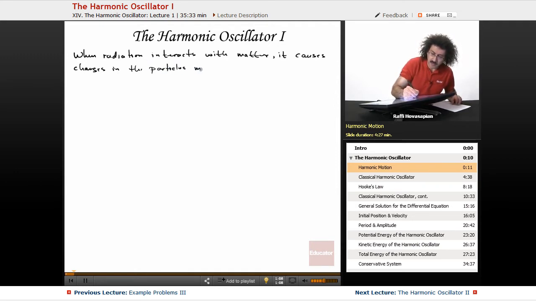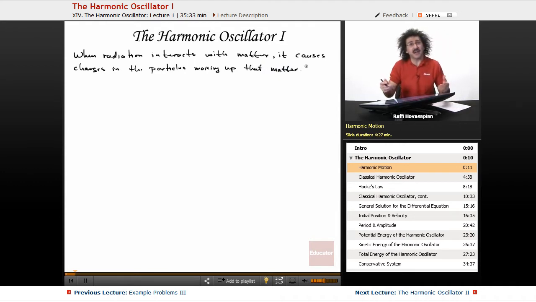The whole field of spectroscopy is a study of that, the interaction of electromagnetic radiation with matter. At different frequencies, we get different responses from the molecules or from the atoms, whatever it is that we happen to be irradiating.